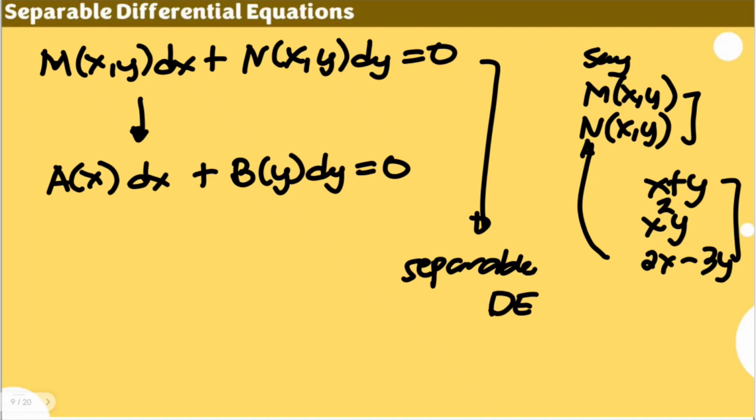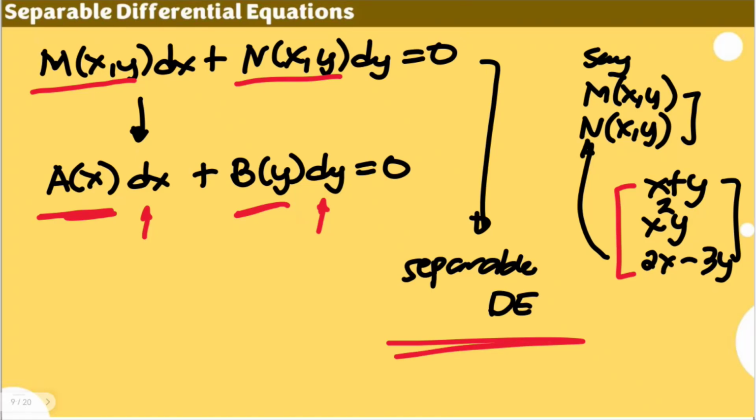Separable in the sense that in our original given, our functions M and N are expressed in either a combination of x and y or even just y and x alone. And if we can simply manipulate that in such a way that what remains on the term with dx is a function of x, and our term with dy is a function of y, then we can say that it's separable.